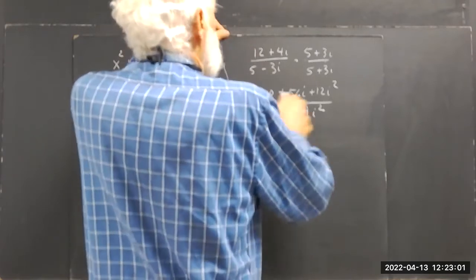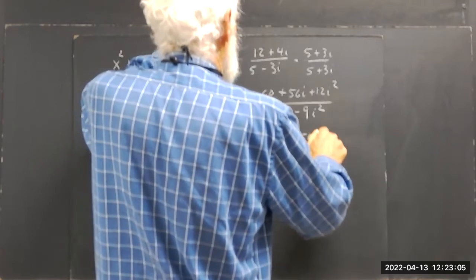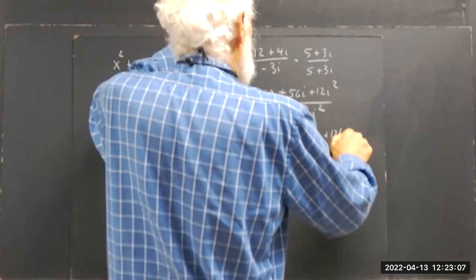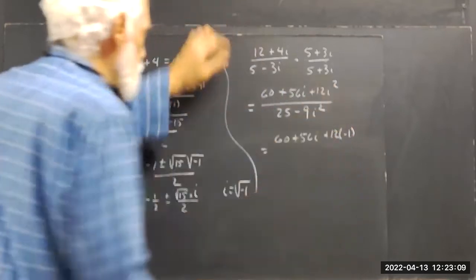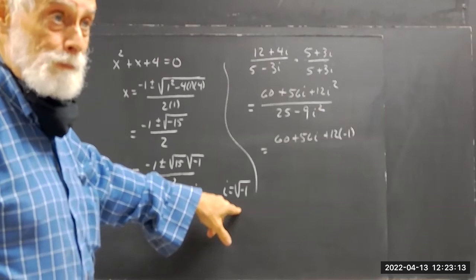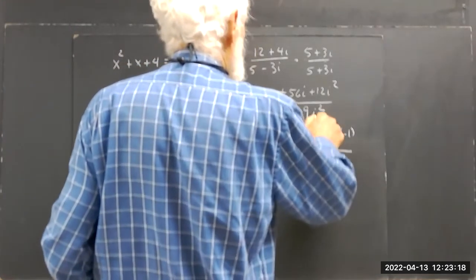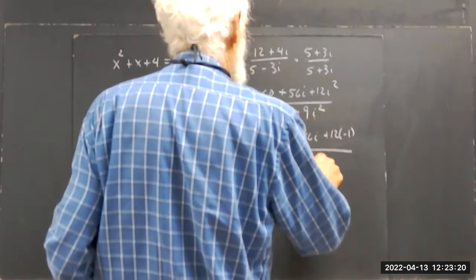Okay, so 60 plus 56i plus 12 times -1, because i squared, since i is the square root of -1, i squared is -1. So it becomes real, and down here the i squared becomes real.